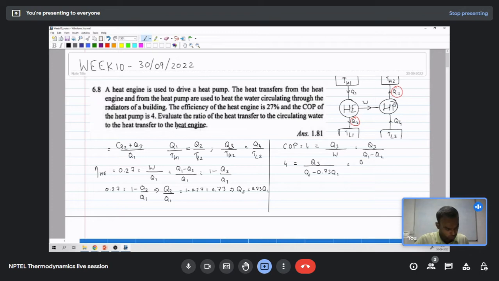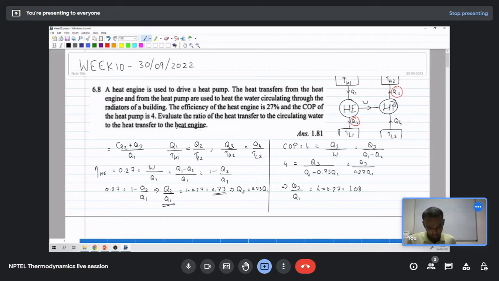So this is Q3 divided by 0.27 Q1, which implies Q3 by Q1 is equal to 4 into 0.27. So this is 1.08. I have already calculated Q2 by Q1 is equal to 0.73.